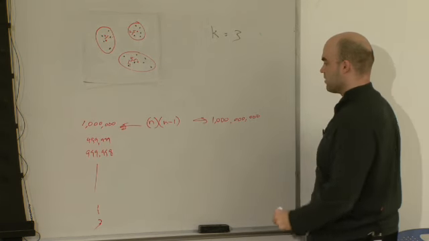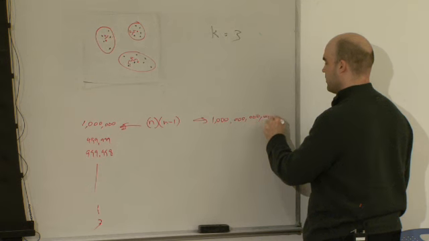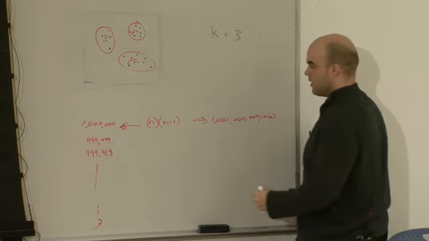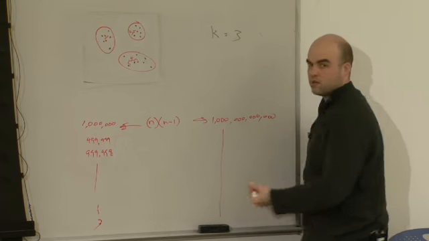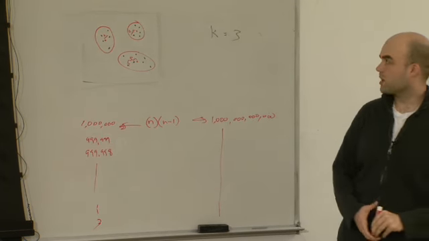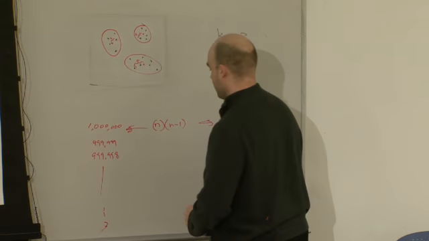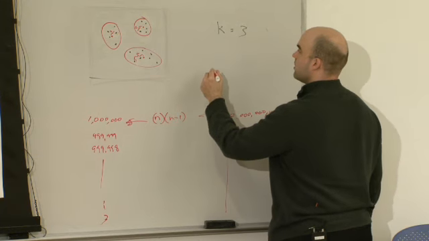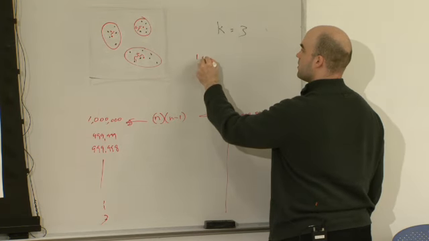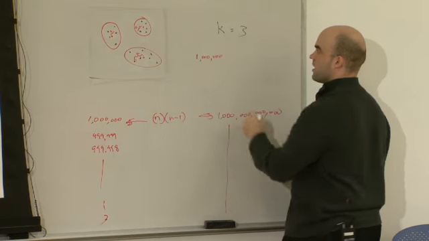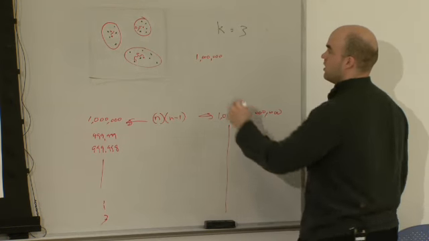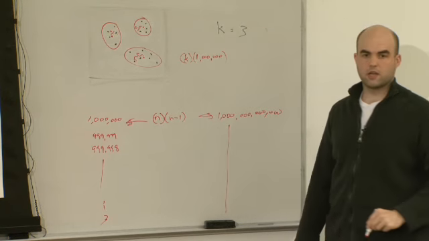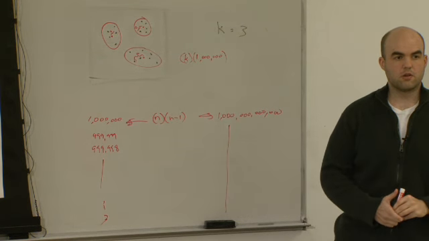And it doesn't get much better as we go down. With k-means, what happens is we just have to perform on each step, if we have 1,000,000 points and we have k clusters, k times 1,000,000 comparisons, right?